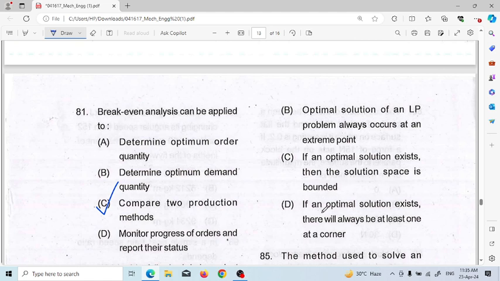And option D, if an optimal solution exists, there will always be at least one at a corner. So option D will be the correct answer, because if an optimal solution exists, there will always be at least one at the corner.